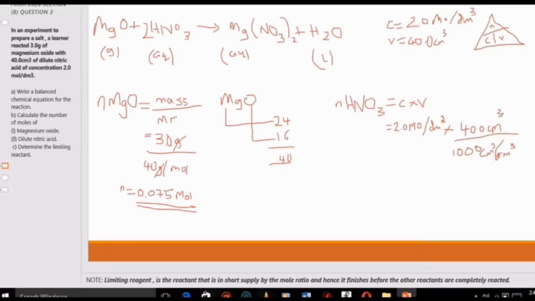So the cubic centimeter and this cubic centimeter are going to cancel, and also the decimeter is going to cancel.